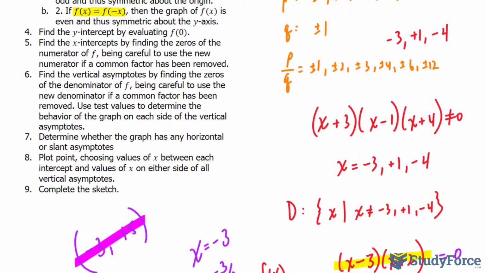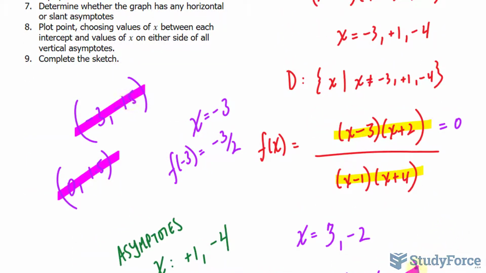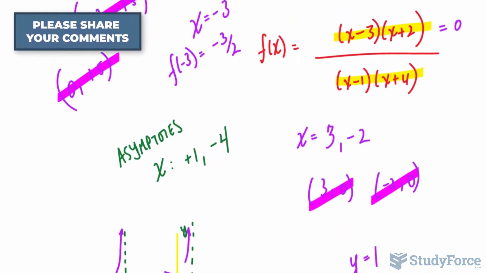In step number 8, we have to plot points choosing values of x between each intercept and values of x on either side of all vertical asymptotes. Before we do that, let me go ahead and plot these points that I found earlier. Negative 3 and negative 1.5 was a hole, or a removable discontinuity.